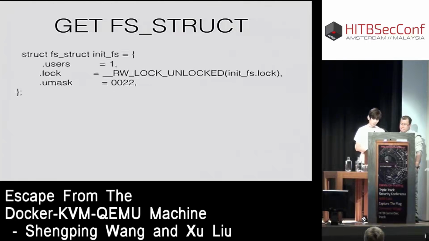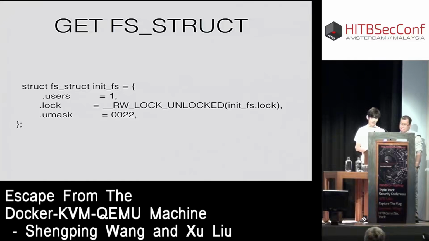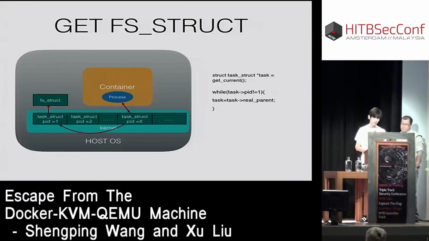The answer is, in kernel versions before 3.0, we can directly get it via the init FS structure of the init process in the host Linux operating system. And this is the structure in Linux kernel version 2.6. But after 3.0, we have to find another way because these structures do not exist anymore.